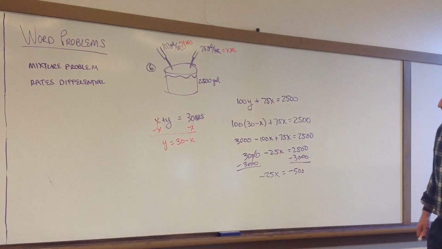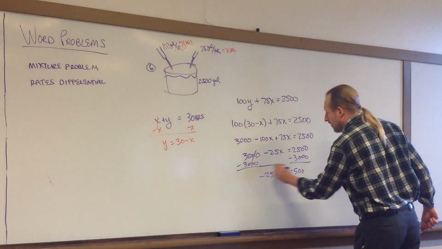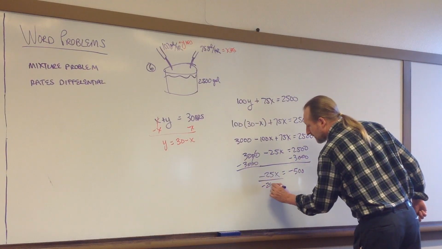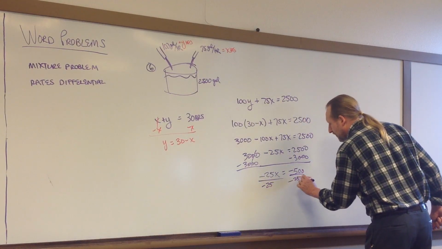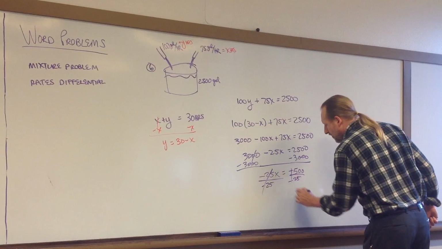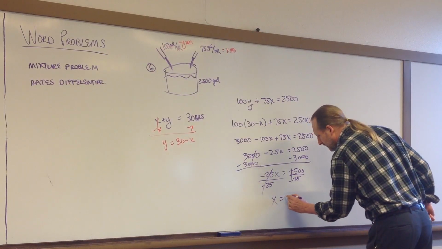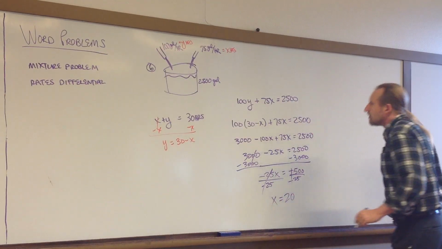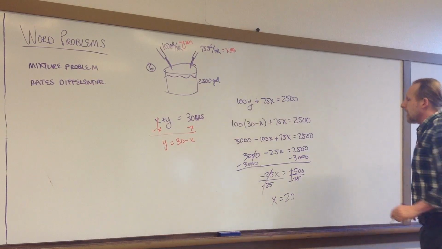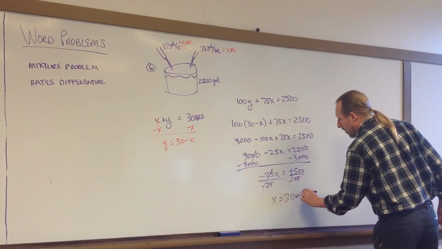Okay? And then divide on both sides by negative 25. And so X is going to be 20. And that means Y is going to be 10.